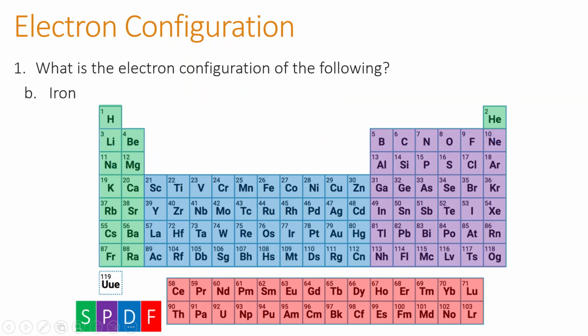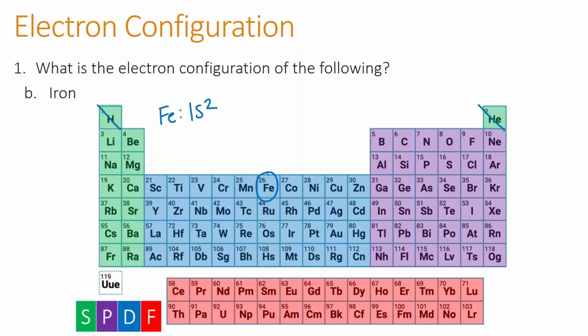This time we want to do iron. Iron is Fe with 26 protons. This means that it has 26 electrons, and we need to give the address for each of those electrons. We're always going to start at the beginning with hydrogen. So hydrogen is going to be 1s1, helium is 1s2.